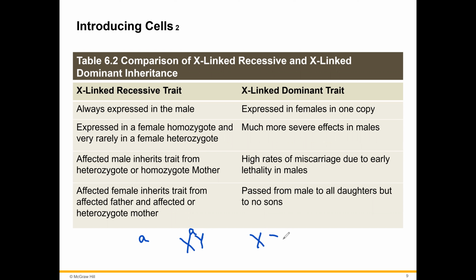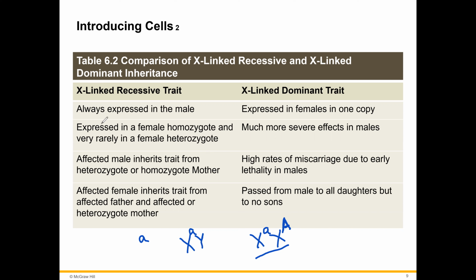If we have a female, and we have one recessive, one dominant, then this recessive will not be expressed because the dominant masks this recessive. But a dominant trait, this big A, will always be expressed in a female, even if she has one copy.